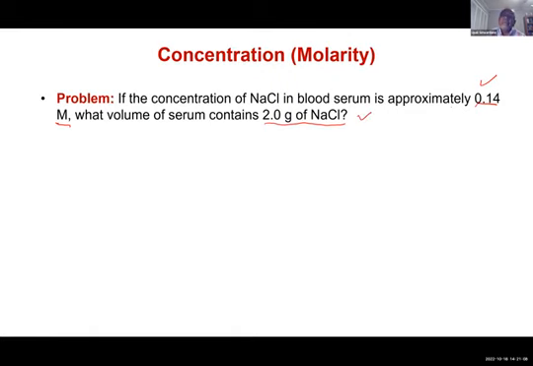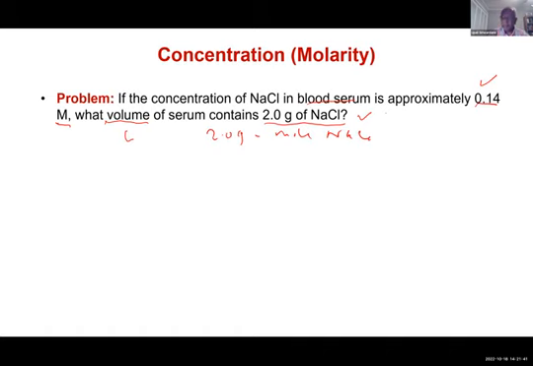Grams is given. Volume is of the solution, the volume of the blood serum. They're asking how many liters the serum is. So in this case, you have to first convert grams to moles.